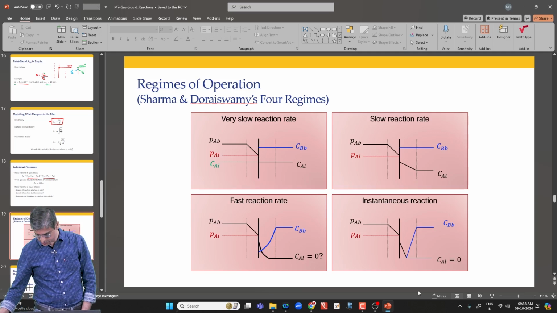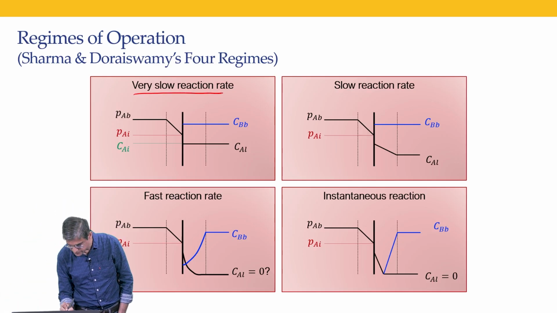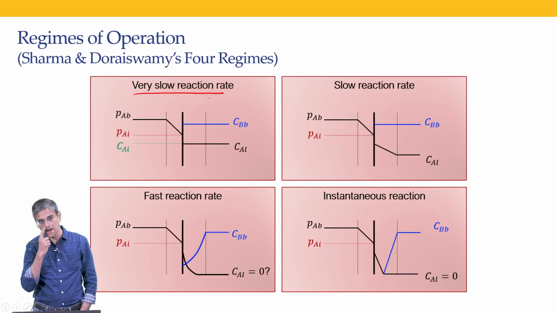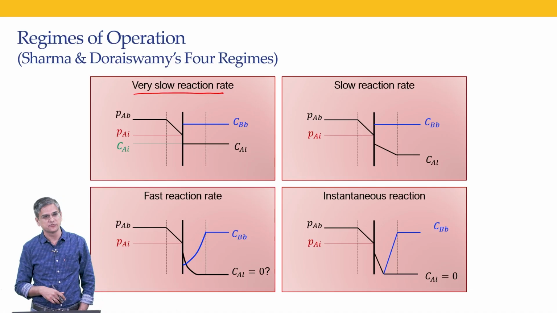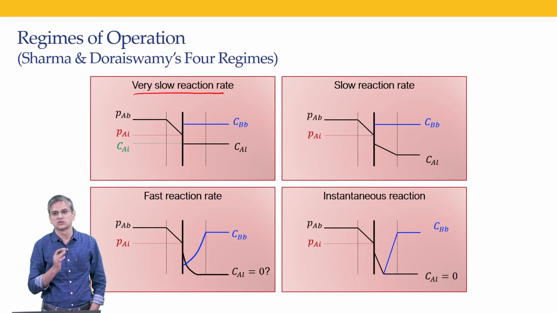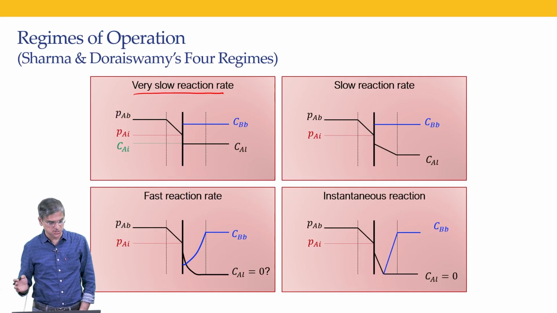Let us look at the cases. What happens when you have very slow reaction rate? Very slow reaction rate, also known as very fast rate of diffusion. Both A and B rate of diffusion is much faster than the rate of reaction.